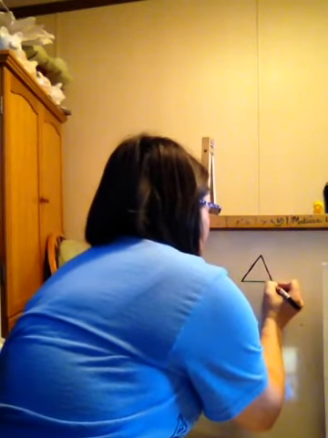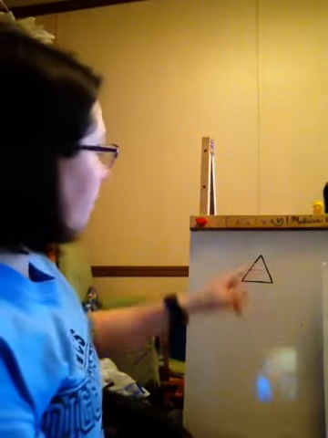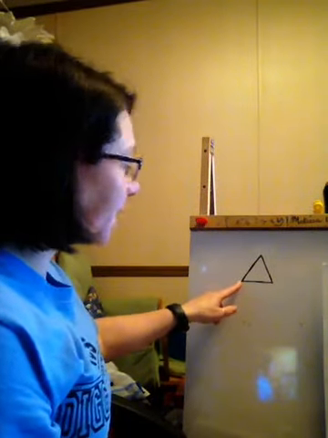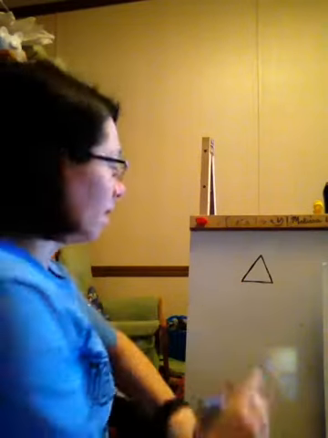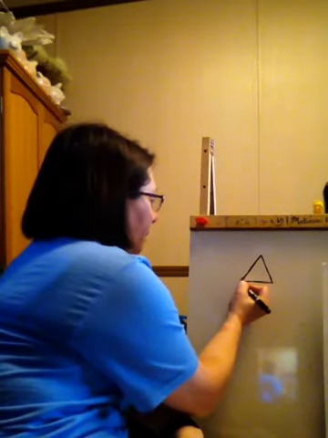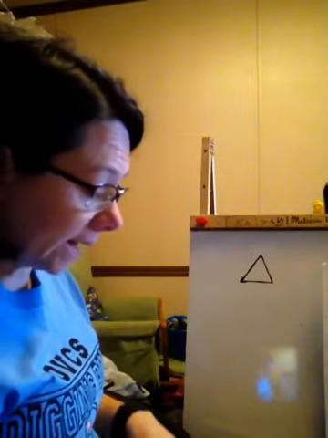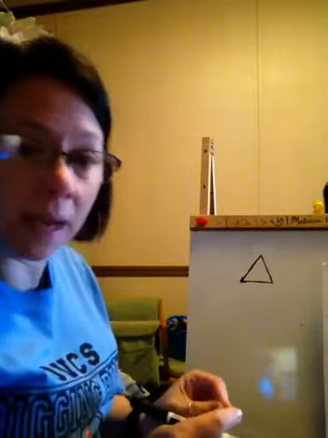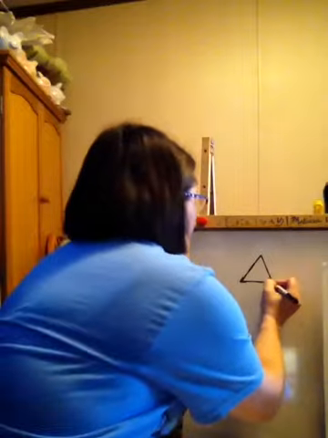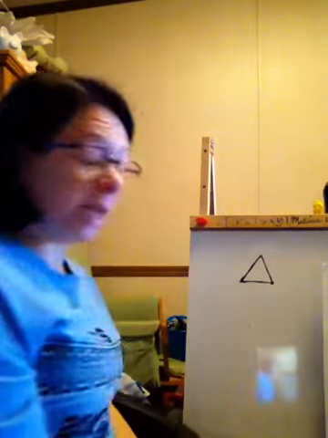So here we have 3 line segments. And when those line segments come together, what do they form? Well, they form an angle. And where those two meet, we have a vertex.